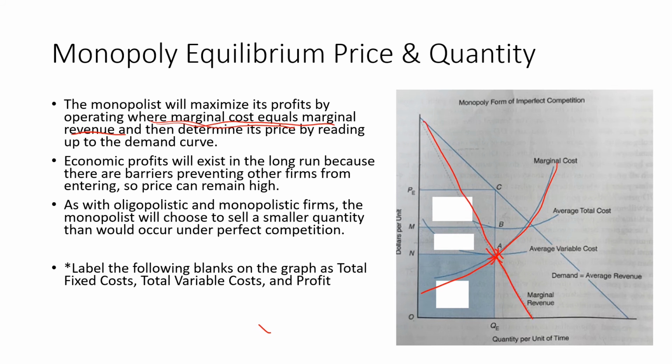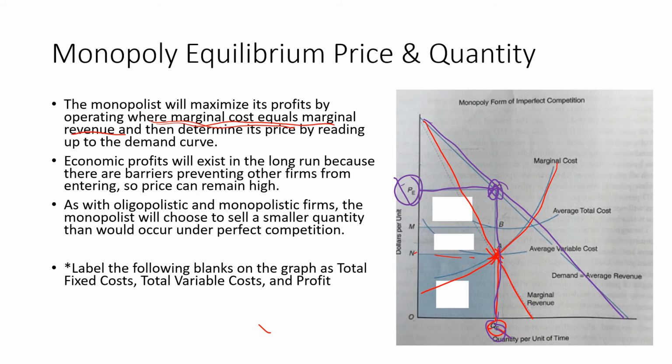They would operate at this quantity, but they're not going to set their price at that point, because as with the monopolistic graphs that we saw, instead they're going to follow this up to the demand curve, which is right here, and set their price at that point, because they know that producing that quantity allows them to charge this price.